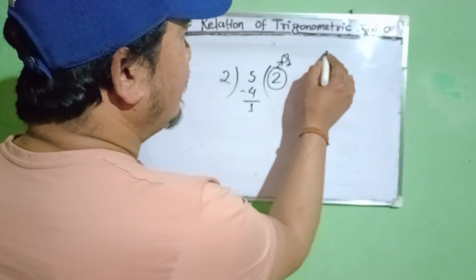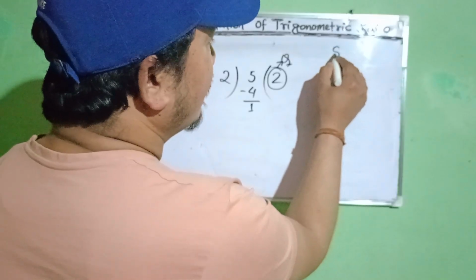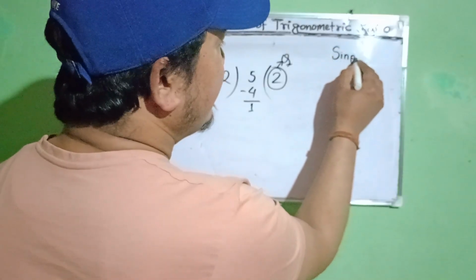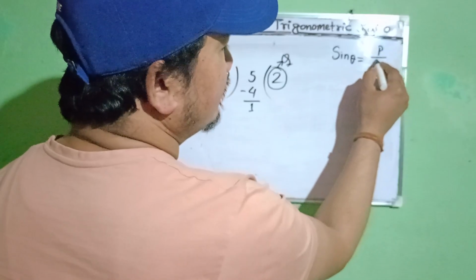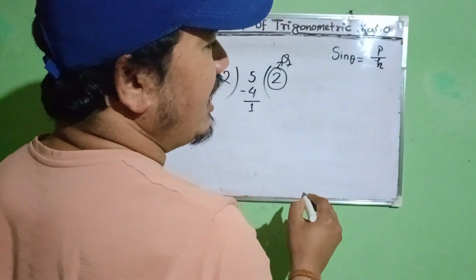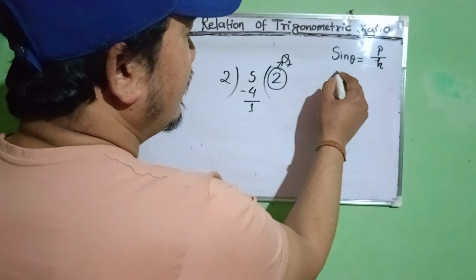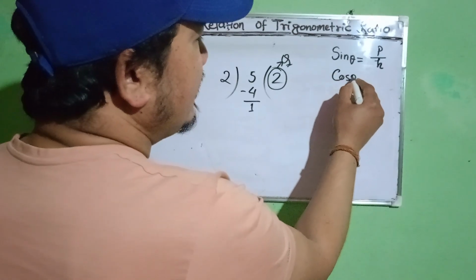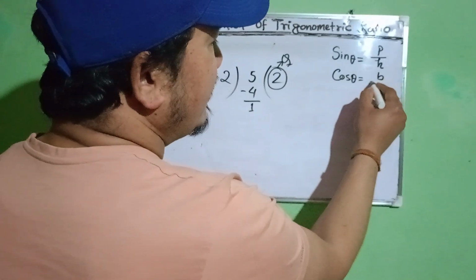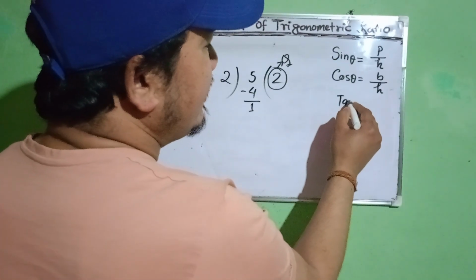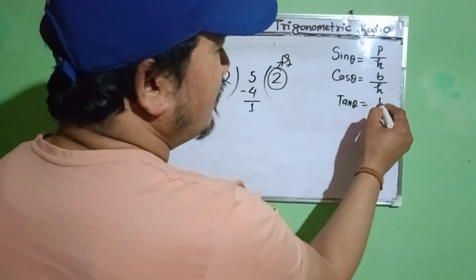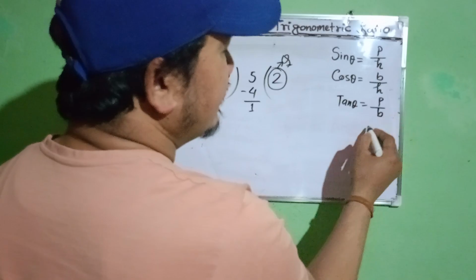As we know, sine theta equals perpendicular by hypotenuse. Cos theta equals base by hypotenuse. Tan theta equals perpendicular by base.